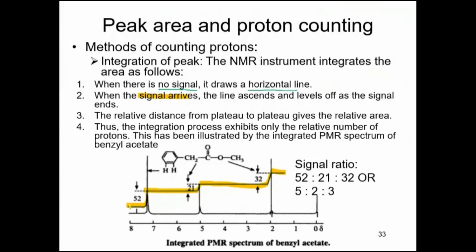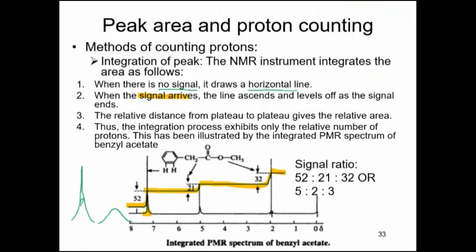So that rise in the line, the curve, depends on what area is covered by the signal. The more the area covered, the higher the rise. Now, one confusion should be avoided. This may be a sharp signal, and this is comparatively a wider signal.